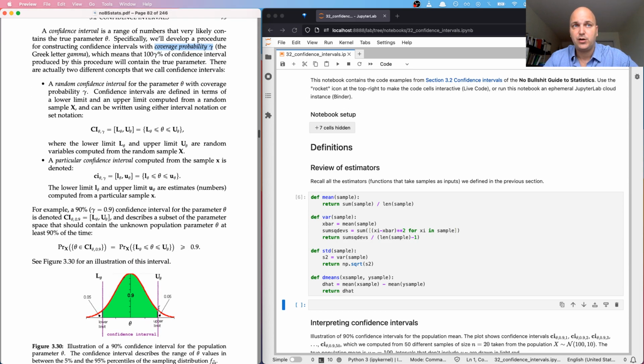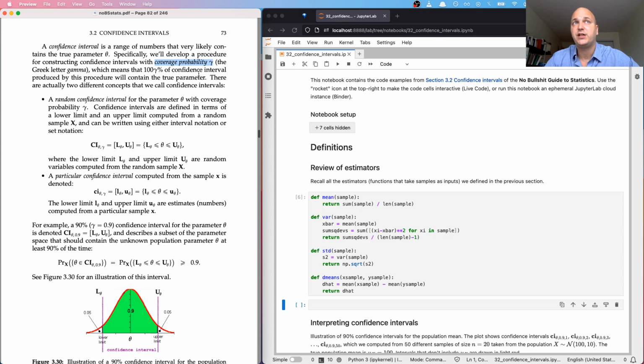So a 90% confidence interval is constructed by cutting off, right? We want 90% to be captured in the middle. This means we cut off 5% from the bottom, 5% from the top. All the examples I'll give are with 90% confidence intervals, but in general, gamma is a parameter.